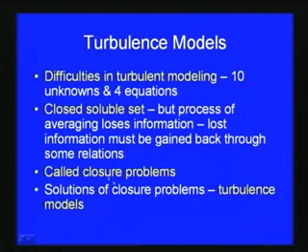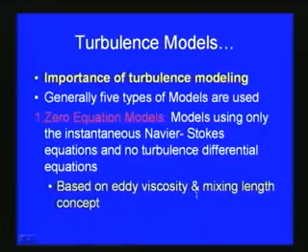This way of approach is called closure problems in turbulence modeling, where we use the basic equations like the Navier-Stokes form of the equations, some important information is lost, and we gain it back by other relations. This procedure is called closure problems, and through the solutions of closure problems we get the turbulence models.